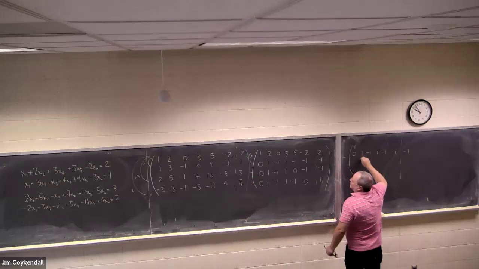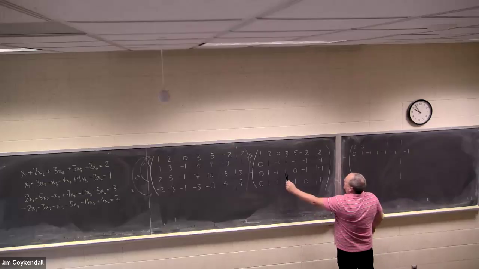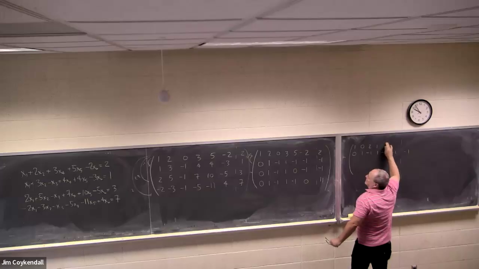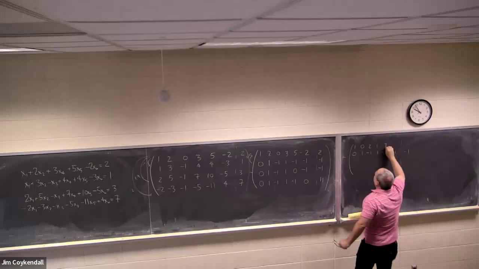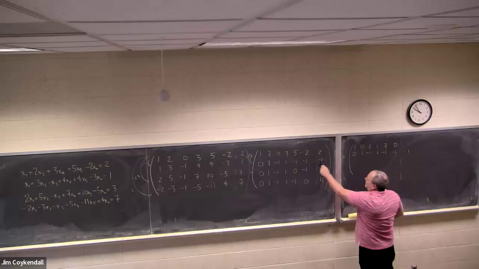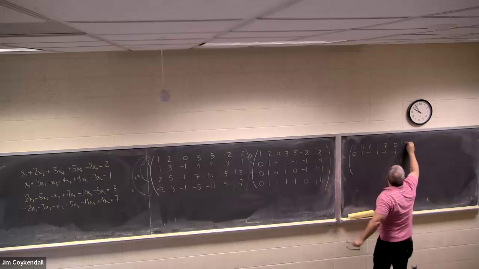So my top row is now going to be 1, 0, 2, 1, 7, 0. Multiply that by negative 2 and add it here, negative 4.